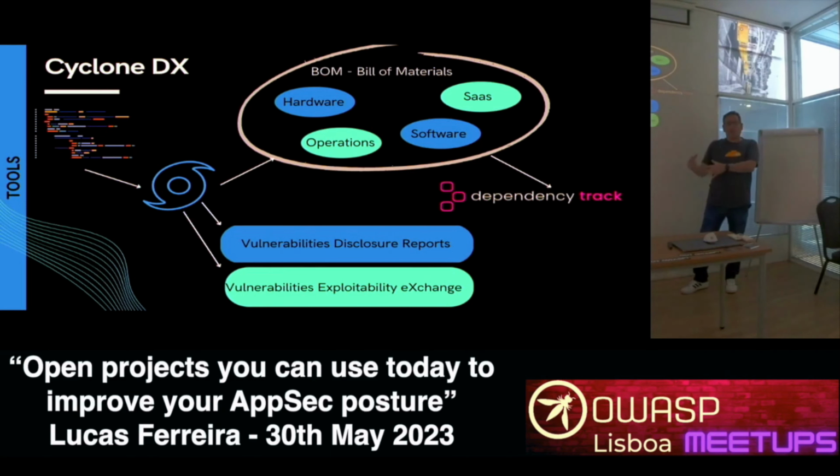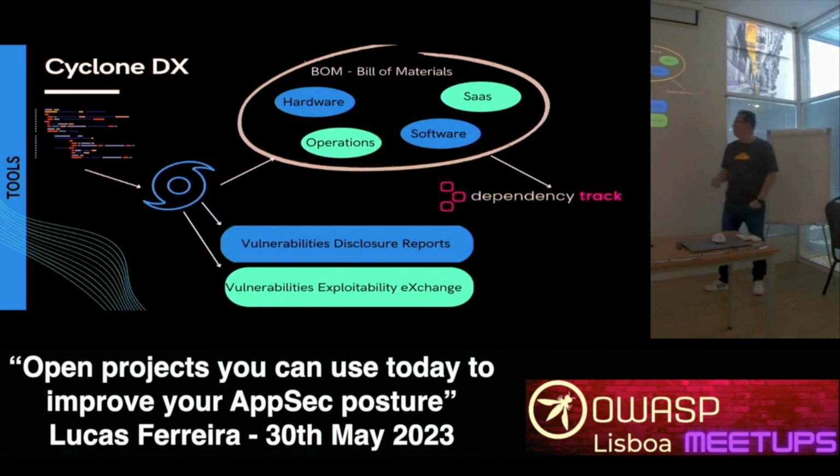There is a standard format for that, that then can be ingested by dependency track or other tools, and then dependency track can use that information to provide you all the graphs and all the nice reports.